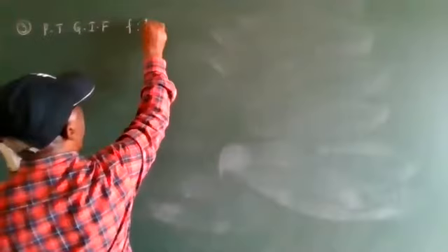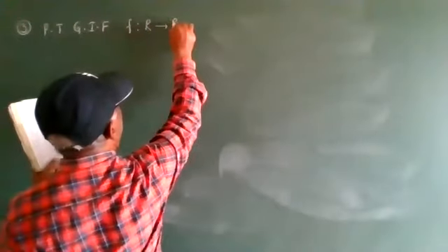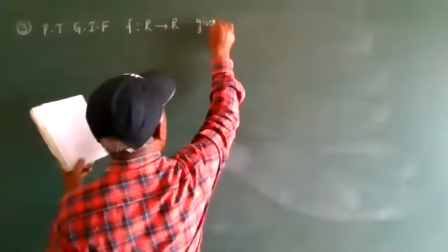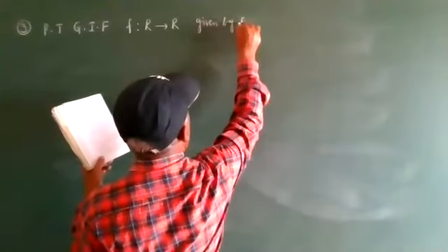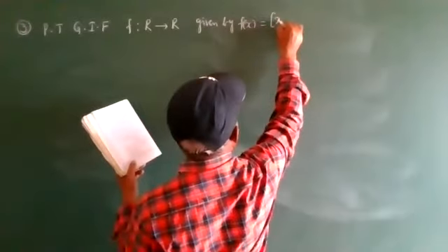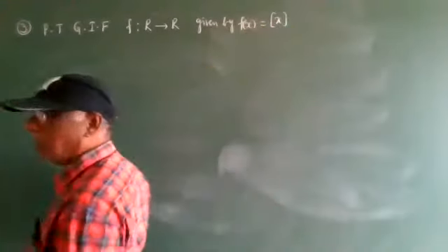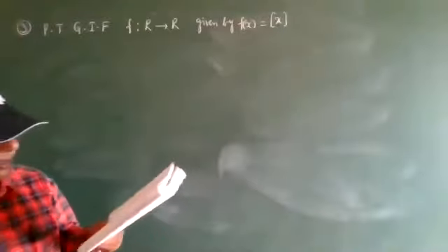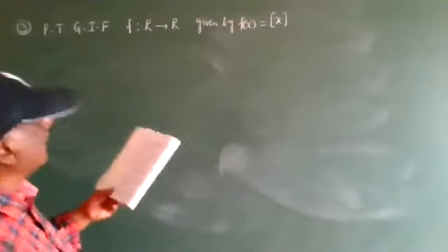Prove that the greatest integer function, step x, with domain real numbers and range or codomain also real numbers, given by f of x is equal to the box of x, or square bracket of x, is neither one-one nor onto.